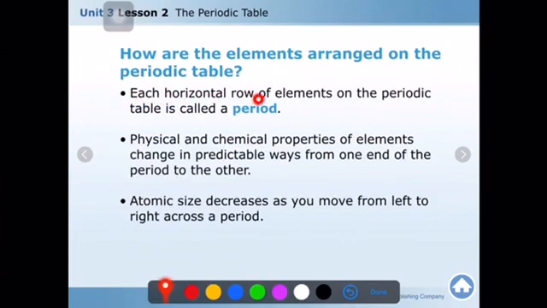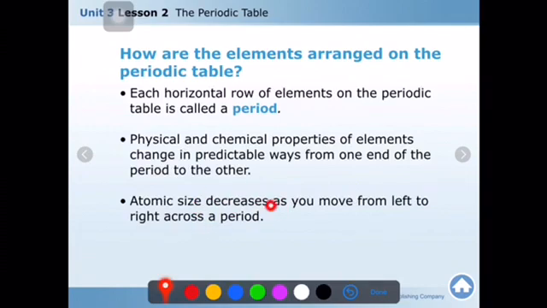Now, each horizontal row of elements on the periodic table is called a period. In the periodic table, the vertical line is a group and the horizontal line is a period. Physical and chemical properties of elements change in predictable ways from one end of the period to the other.